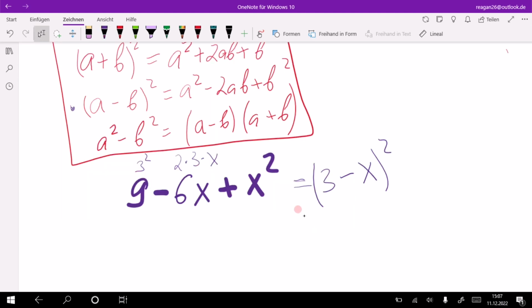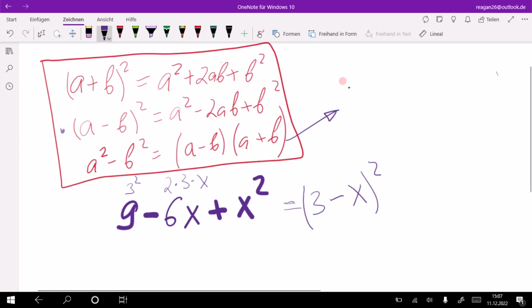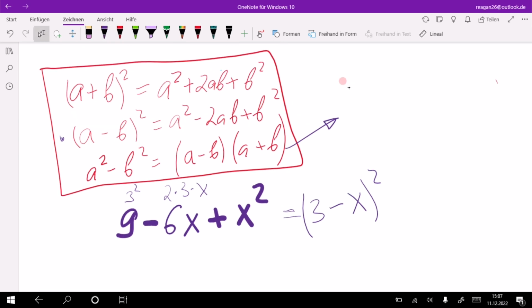The other example, let's talk about the formula difference of squares.